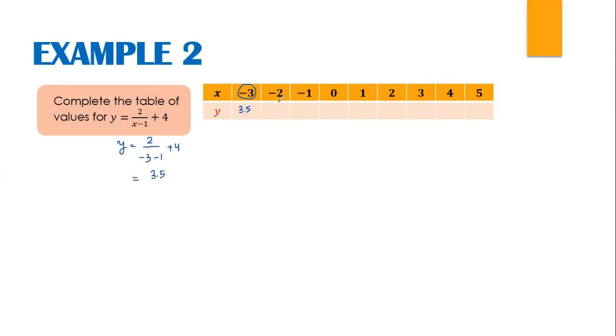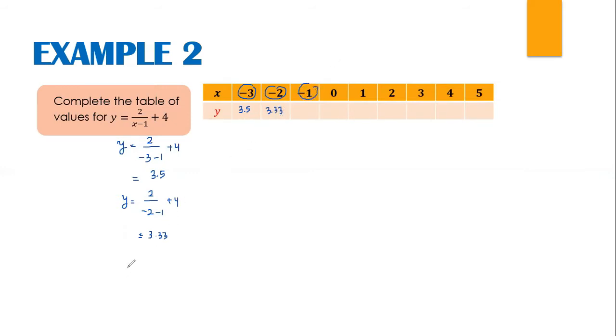Is it clear to you? And then when x equals minus 2, y equals 2 over minus 2 minus 1 plus 4, right? And then we find 3.33. Copy this one and put here 3.33.